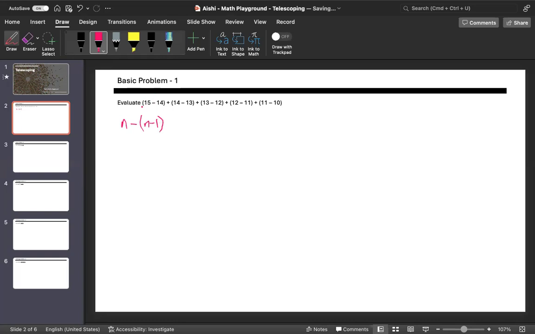Because the greatest value here is 15, and our lowest value is 11. So to add, we have a symbol called sigma. It looks like this, and this means sum. So if we wanted to write this whole thing in sigma notation, it would look like sigma of our pattern, which we notice is n minus (n minus 1).